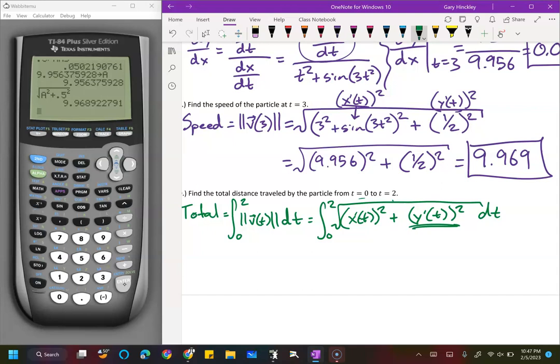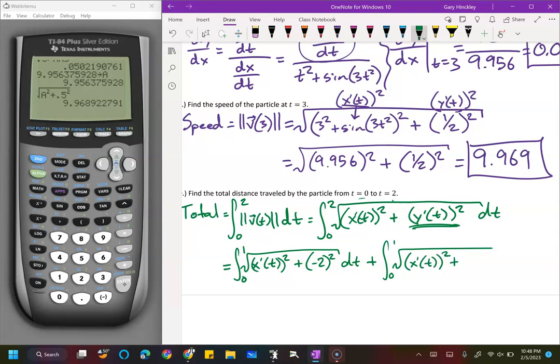So this is the integral from 0 to 1 of the square root of x prime of t squared plus the slope between 0 and 1, which was -2 squared for the y, plus the integral from 1 to 2 of the square root of x prime of t squared plus 0 squared, because our slope for the y component is 0.